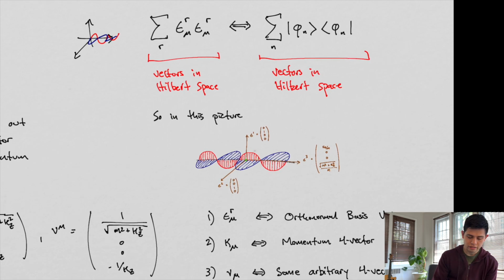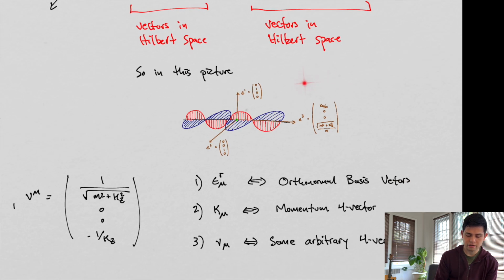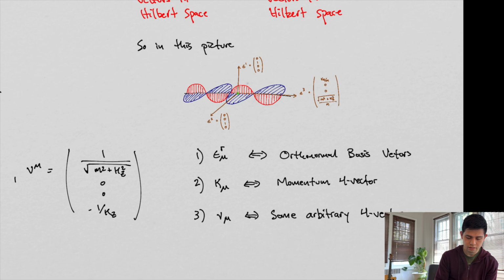And so in this picture that I've brought up many times now, we find out that, okay, we have an orthonormal basis vector. Those are these guys. These are the guys that we've constructed at each point in space and time. We also have our 4-momentum vectors that's helping us define exactly what this is, right? Because we need to be able to say the particle's traveling in z.